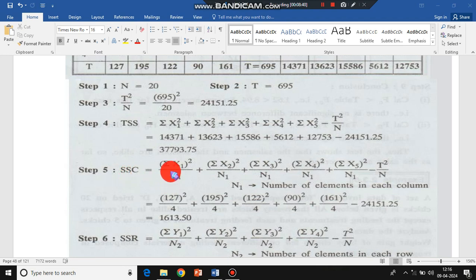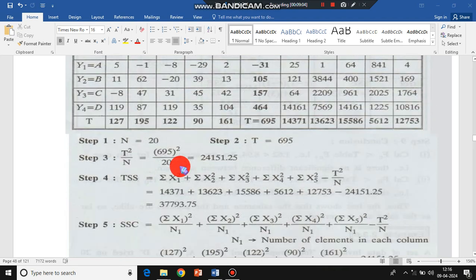So this is nothing but summation of x1 square divided by n1, number of observations, plus sum of x2 square divided by n1 plus sum of x3 square by n1 plus sum of x4 square divided by n1 plus sum of x5 square divided by n1 minus T square by n. Okay, now what is this summation of x1? Look at the table again.